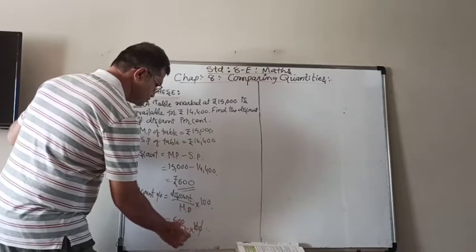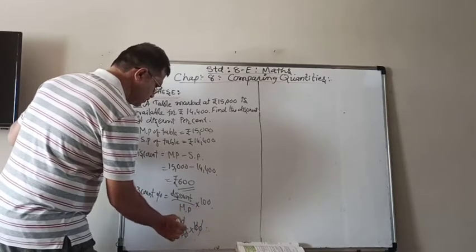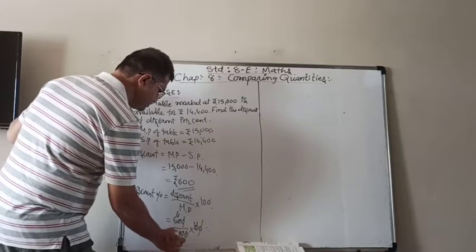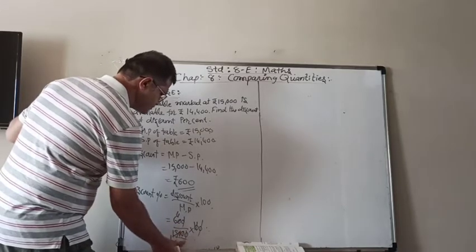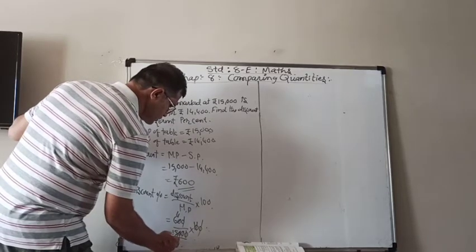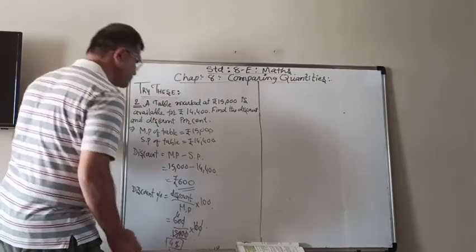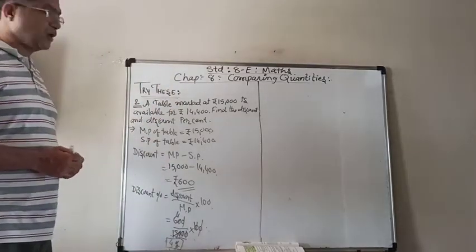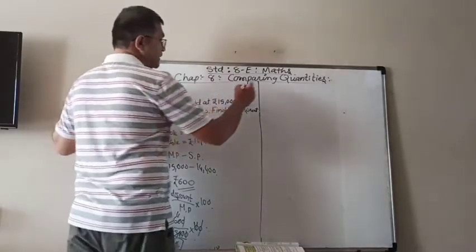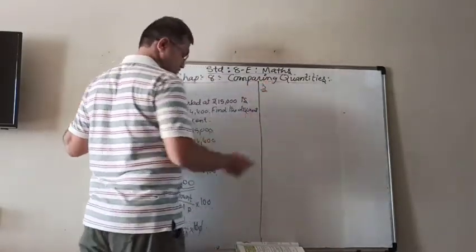Cancel the zeros. 15 fours are 60. So discount percentage is 4%. So first we have to find the discount and then the discount percent.